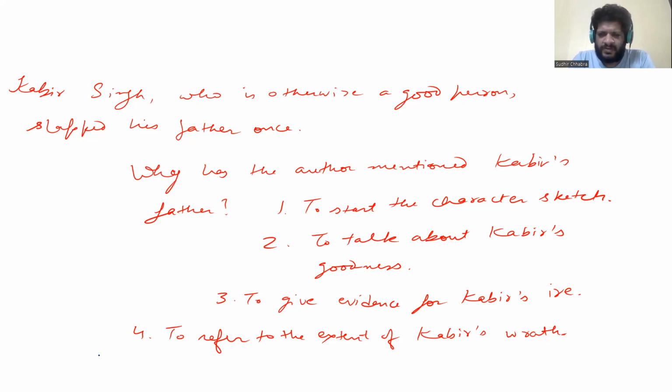So clumsy here. This one can be negated. To give evidence for Kabir's ire, which means anger: could be. Now, if we compare 1 and 3, 3 is better, because slapping is a piece of evidence for ire.